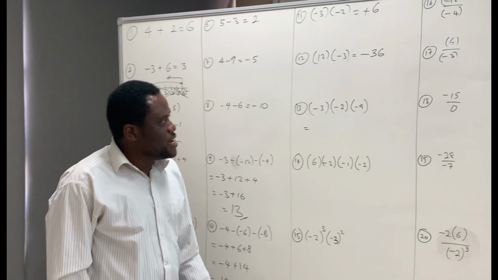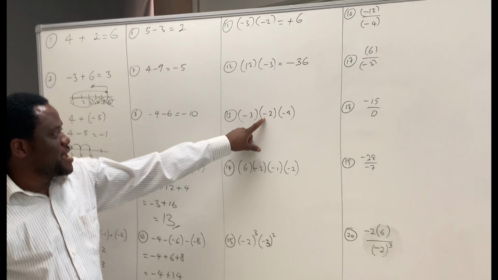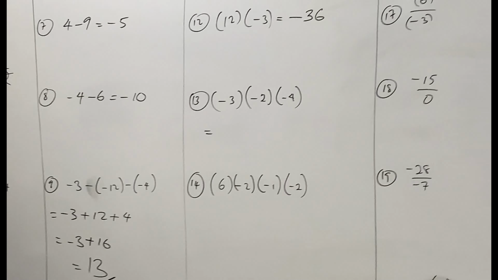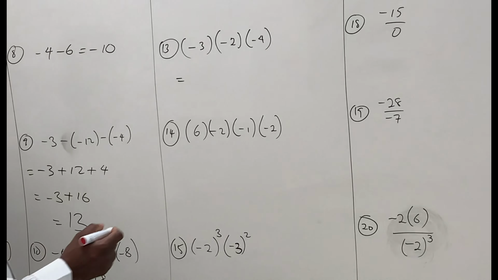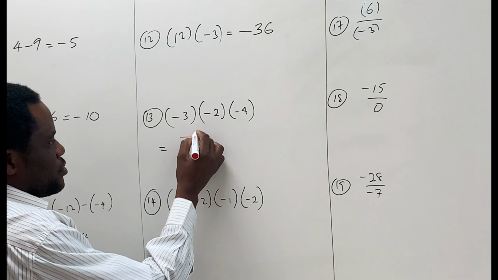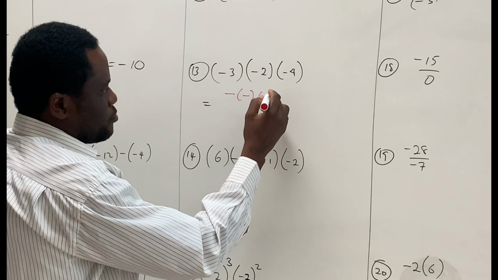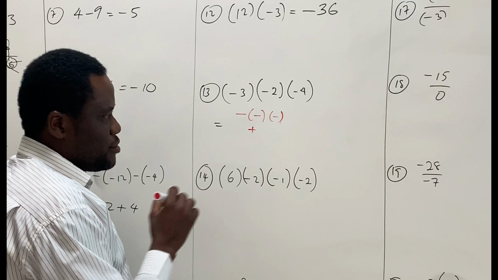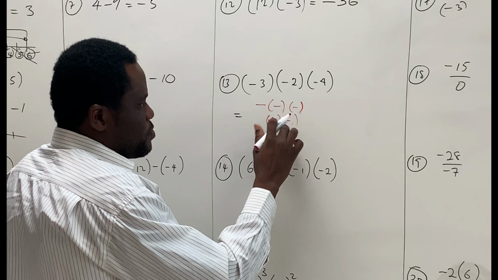Now, the next question. We have 3 signs here. Negative, negative, negative. This means you are multiplying minus by minus by minus. Minus minus is plus. Right? So now plus minus. So plus minus is what?